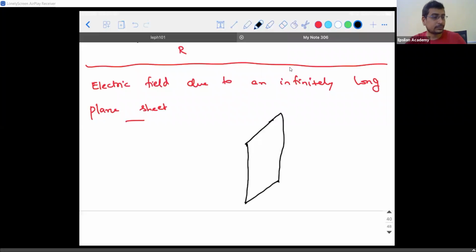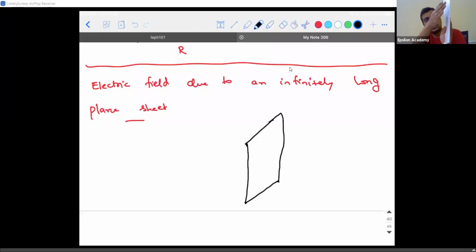Now tell me, if I take this white color thing as a plane sheet, then I'm trying to say that the charge is given on this side and charge is given on this surface. If you have to visualize what charges are, suppose I write something on it, let's say all those letters are like charges.